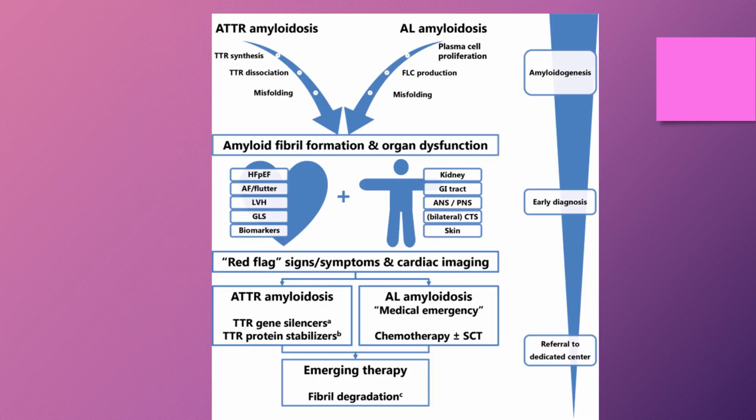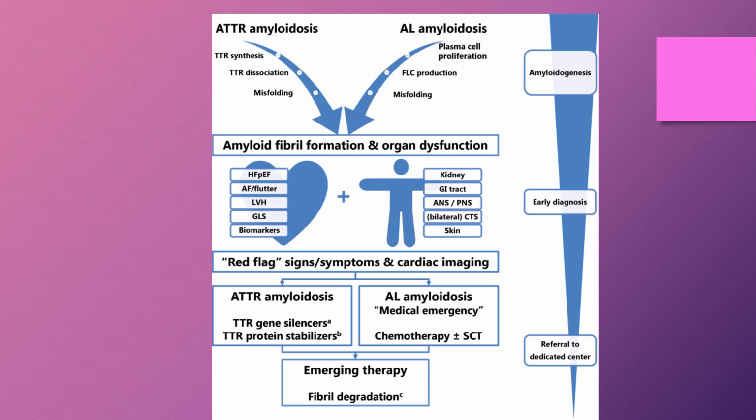And this diagram is showing you the different manifestations with the two types of amyloidosis. So there are two types, ATTR amyloidosis and AL amyloidosis. And it's showing you the origins there at the beginning. In the middle, it's showing you the presentation of them. So ATTR amyloidosis is the one that is more closely associated with cardiac amyloidosis.